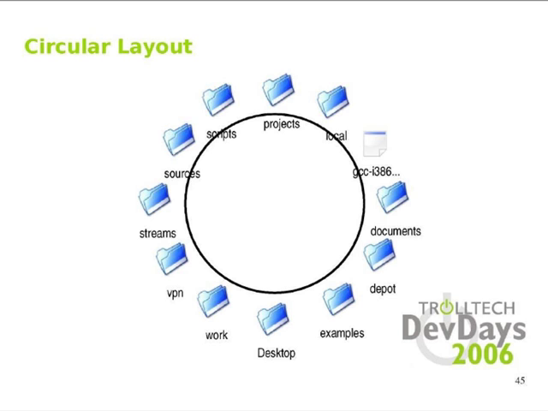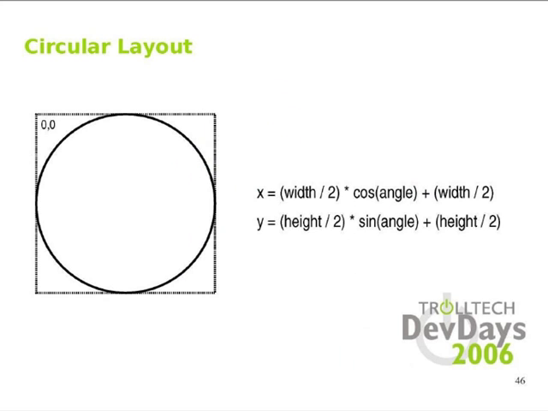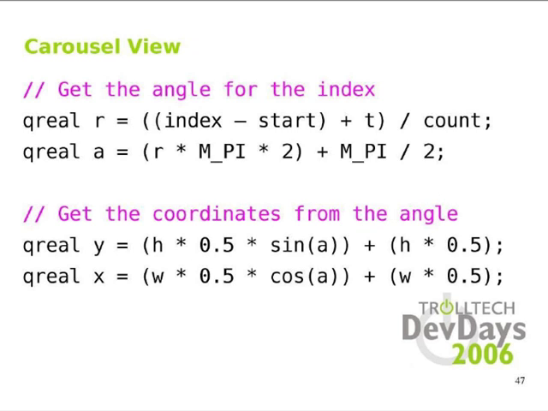So we need to do a little bit of trigonometry and math, but really plotting points along a circle is not really hard to do. So I'll just show you the code for doing that, which is pretty obvious. So that's plotting the points along the circle.